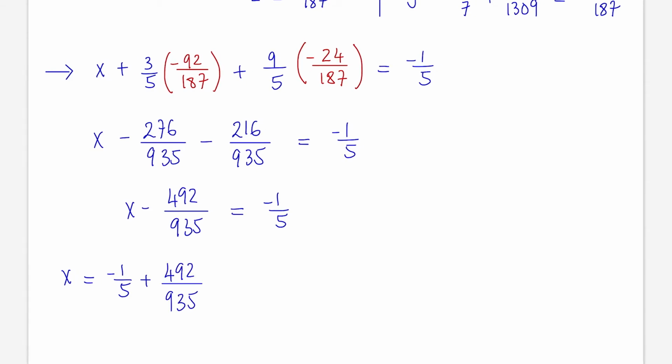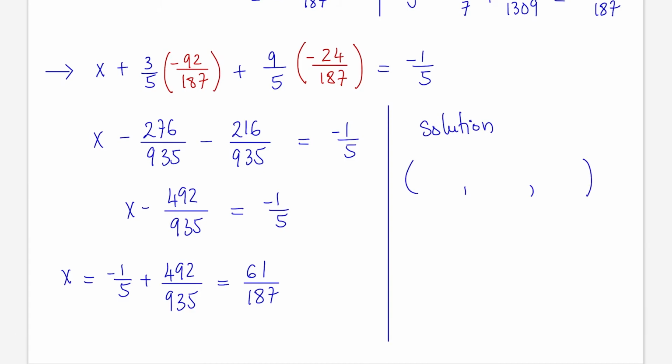So x is equal to negative 1/5 plus 492 over 935, which is 61 over 187. So now I'm going to put my answers into the ordered triple. I will have x, y, z. X is 61 over 187, y is negative 92 over 187, and z is negative 24 over 187.